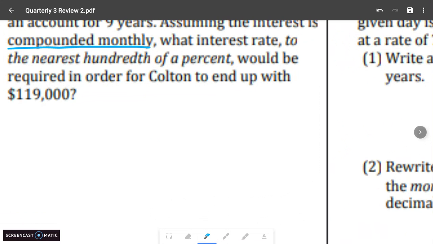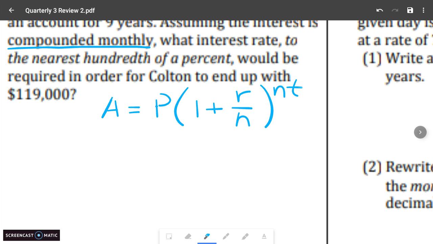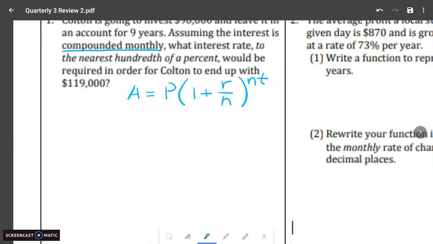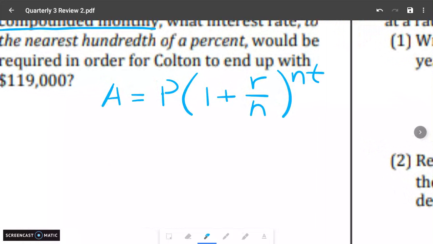So in review 1, we saw compounded continuously when it was A part. Here, our formula is A equals P times 1 plus R over N raised to the NT. So A, we're trying to get to $119,000.